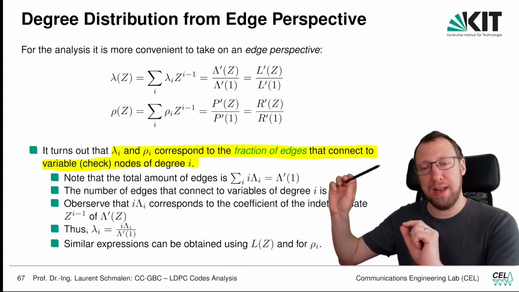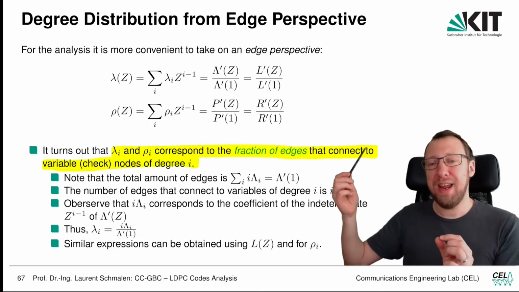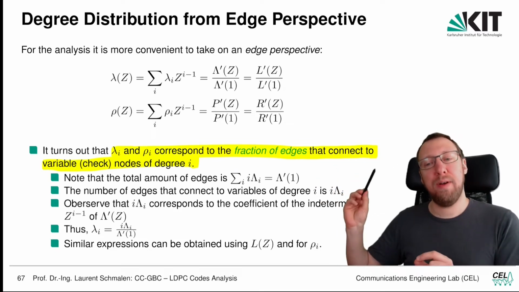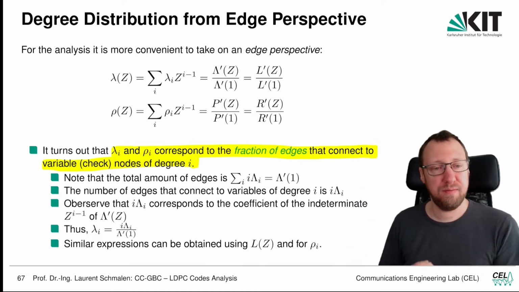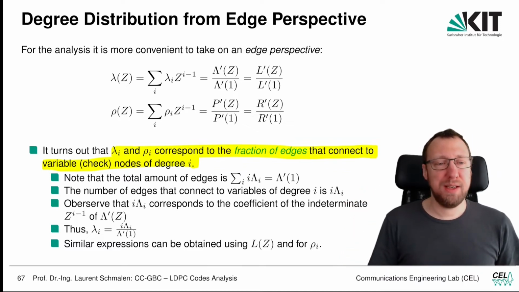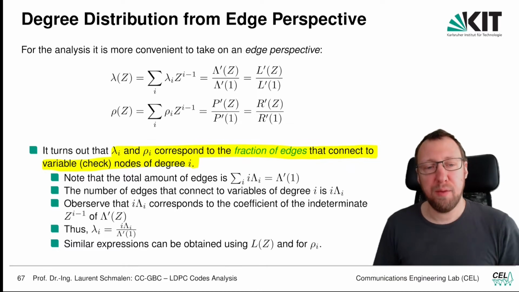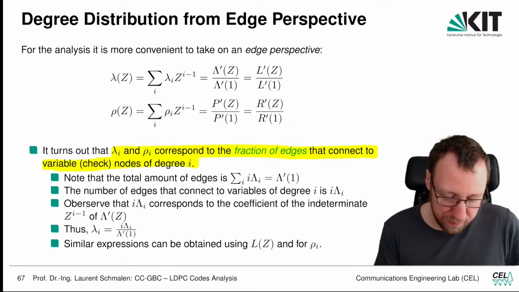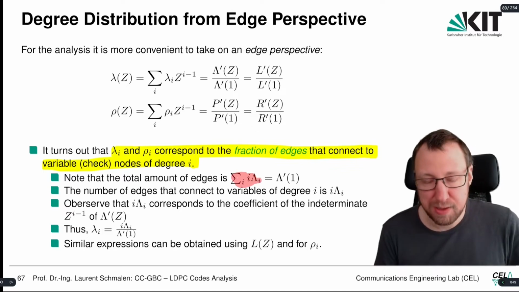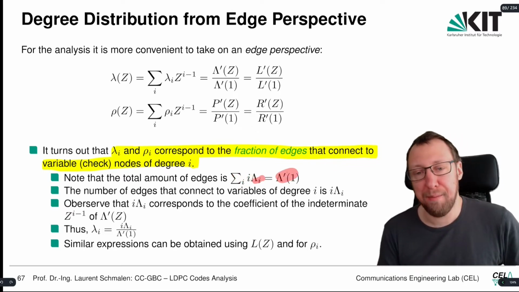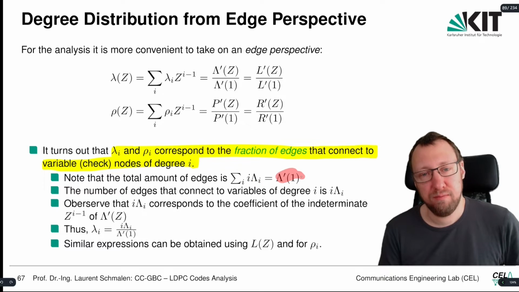We count all the edges and look at how many edges connect to a variable node of degree 2. And that's lambda 2. So how can we see this? Well, we start from the total number of edges. The total number of edges is the sum of i times lambda i, which is equal to lambda prime of 1. This guy.